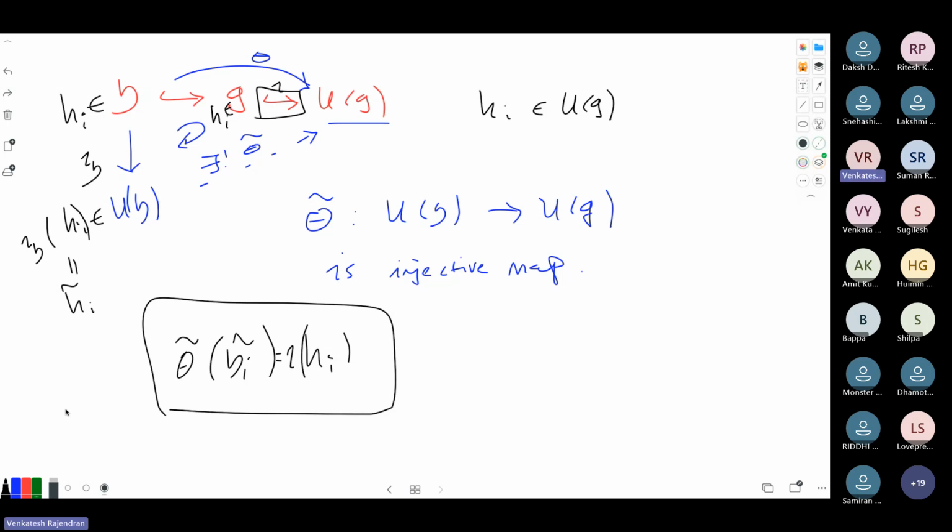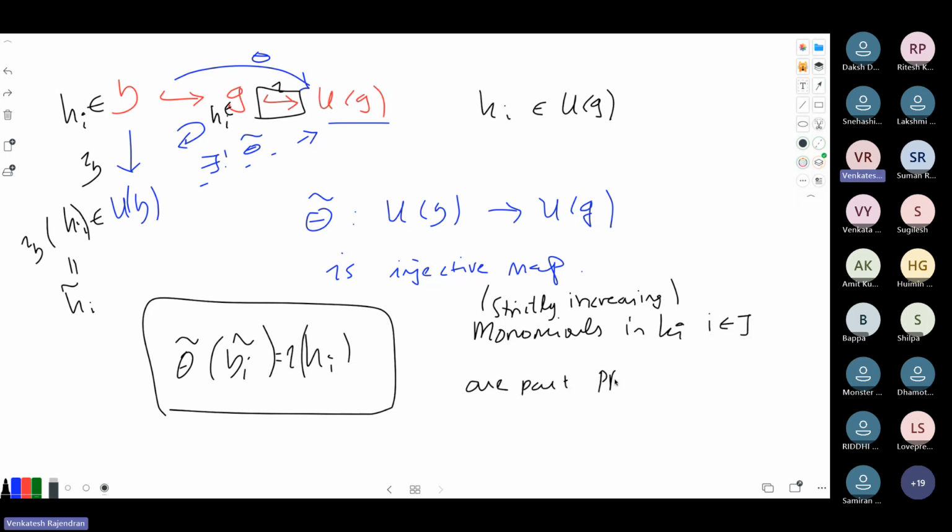And this PBW basis actually tells us that the monomials in that must be linearly independent, because the monomials in HI will be part of the PBW basis of UG. So the strictly increasing monomials in HI, I and J, are part of the PBW basis of G. Because it is just part of the basis, it must be linearly independent.